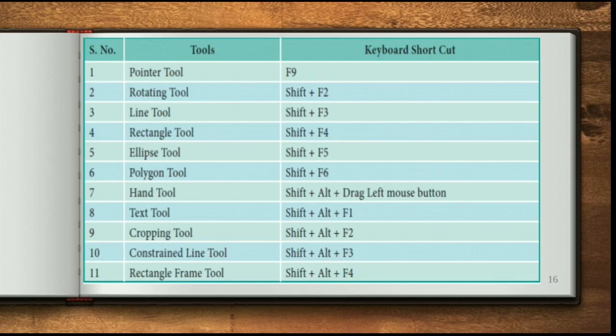For the cropping tool, press Shift plus Alt plus F2. For the constraint line tool, press Shift plus Alt plus F3. And for the rectangle frame tool, press Shift plus Alt plus F4. So these are the shortcuts that can be used alternatively for quick access. Let's see the purpose of these tools.